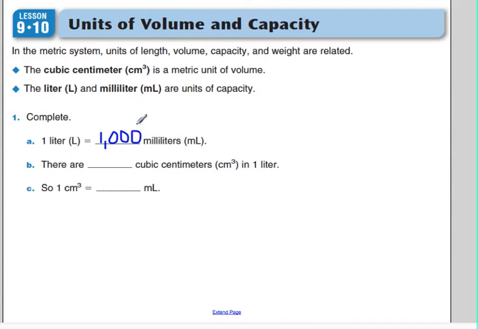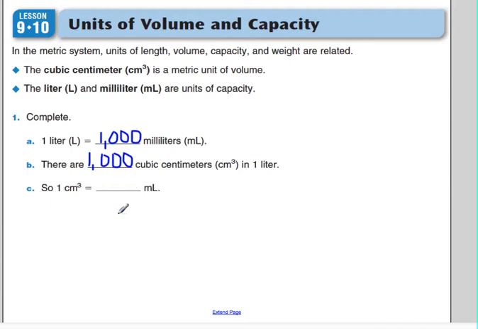So 1 liter equals 1,000 milliliters. Now, there are also 1,000 cubic centimeters in 1 liter. So 1 liter is equivalent to 1,000 milliliters. 1 liter is equivalent to 1,000 cubic centimeters.